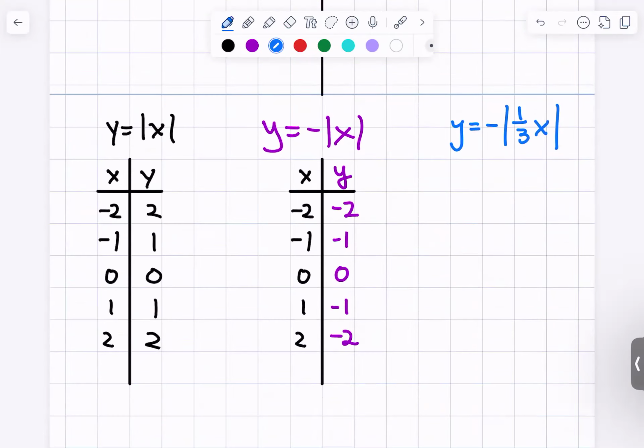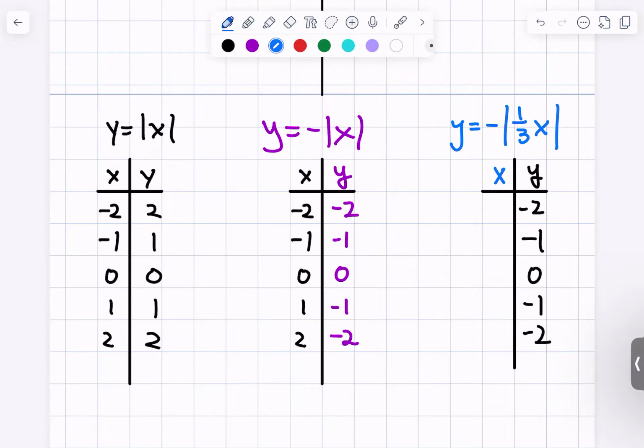So I'm going to copy and paste my y values. So y is -2, -1, 0, -1, -2. What's going on with my x's? It's a horizontal stretch by a factor of 3, right?